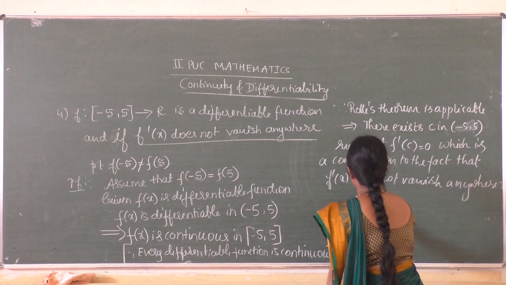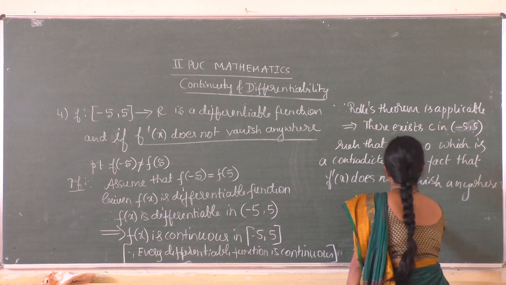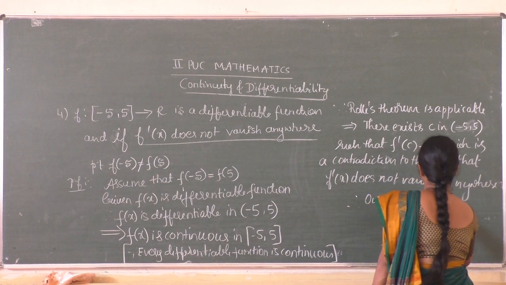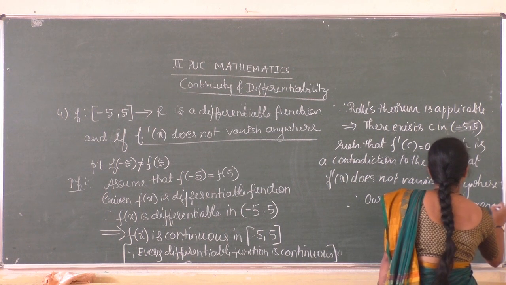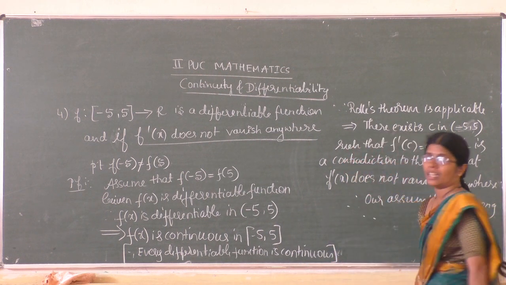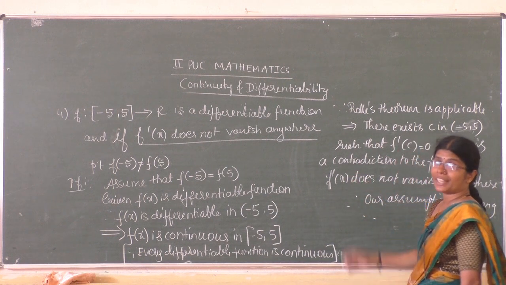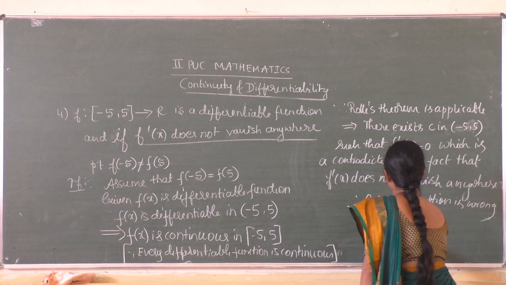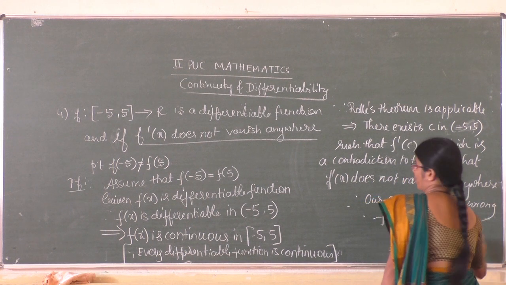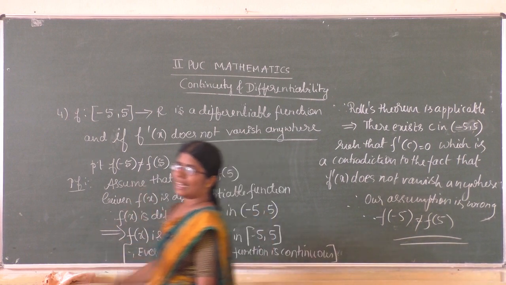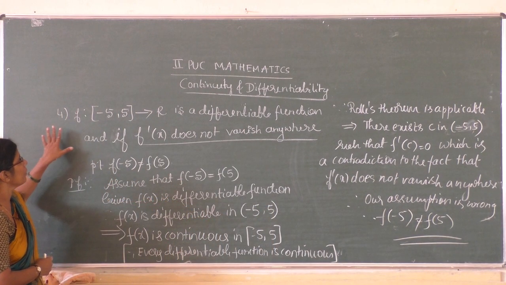Therefore our assumption is wrong. This method of proof by contradiction we learned in first PUC. Therefore f of minus 5 is not equal to f of 5. So this is how we get the proof of this problem.